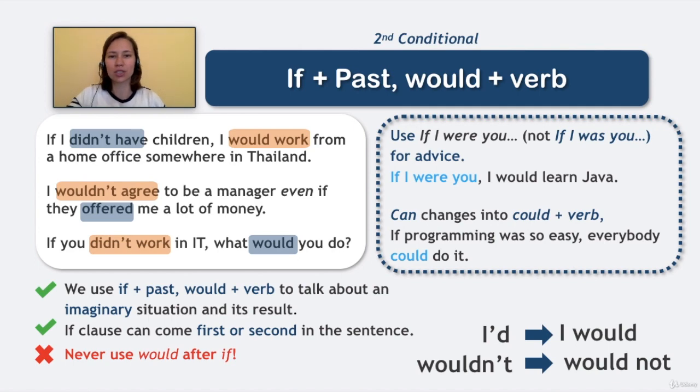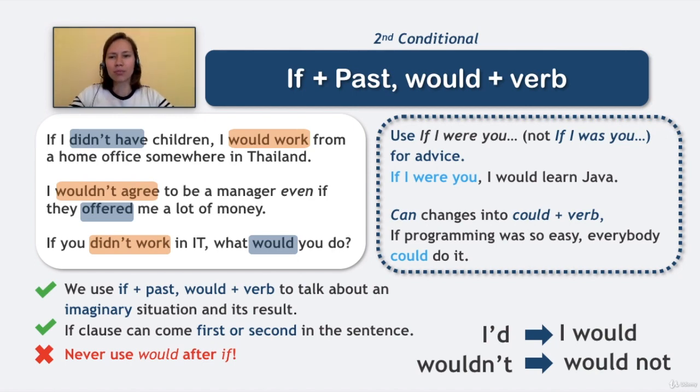Speaking about conditional sentences number 2, we can also call them imaginary situations. Yeah, imaginary present situations. And the name speaks for itself actually, because you use conditional sentences type 2 when you imagine a situation which is in the present, right?